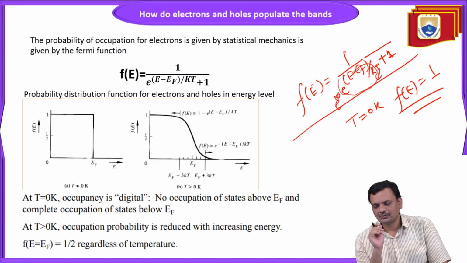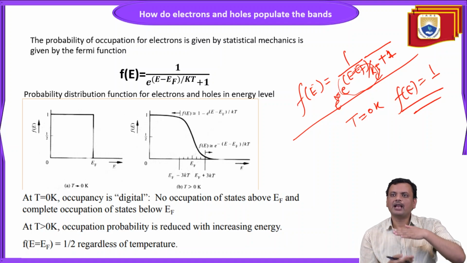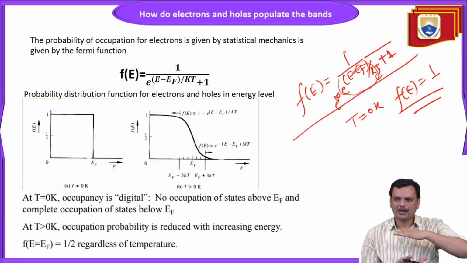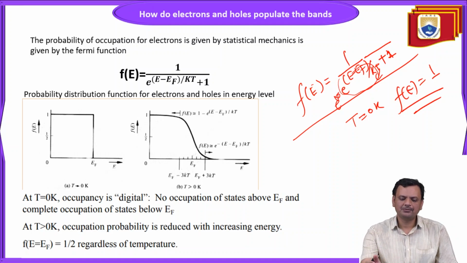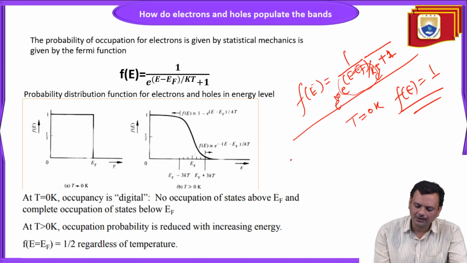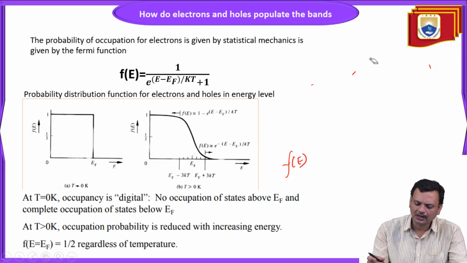Definitely. So at T equal to 0 Kelvin, you know from solid state physics that the valence band will be filled and all the conduction band levels will be empty. So if we plot this F(E), the occupation probability or probability distribution function for charge carriers, what happens?